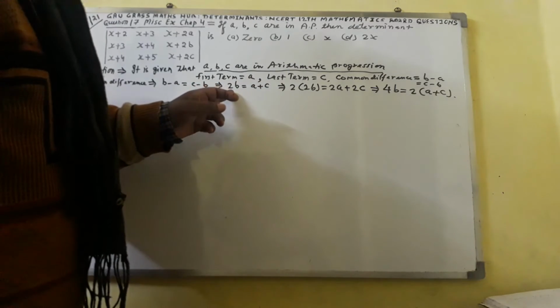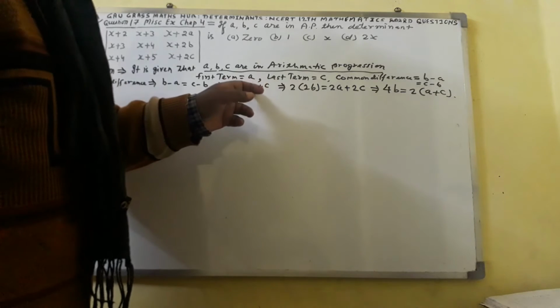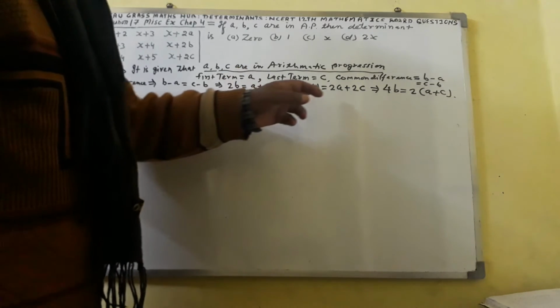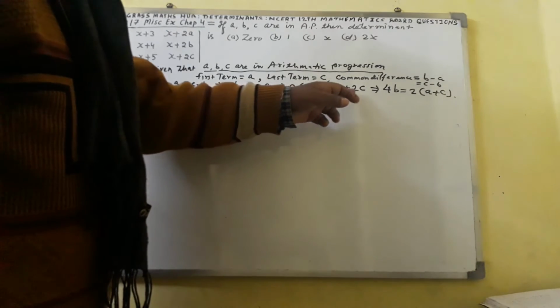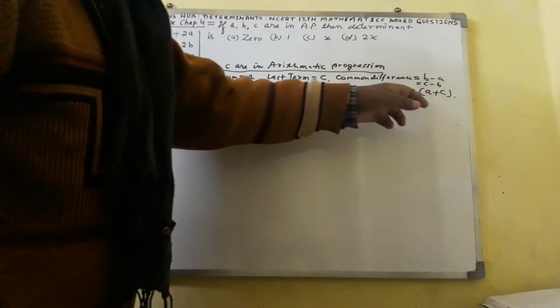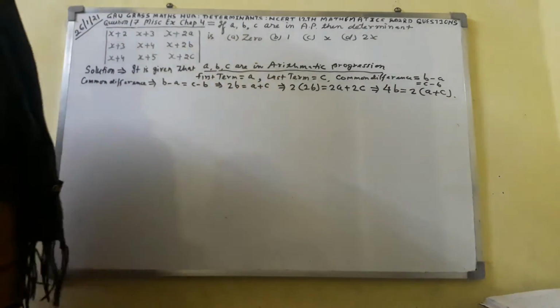Twice of 2b equals twice of (a plus c), that is 2a plus 2c. So 4b equals 2 times (a plus c). So here you got this.